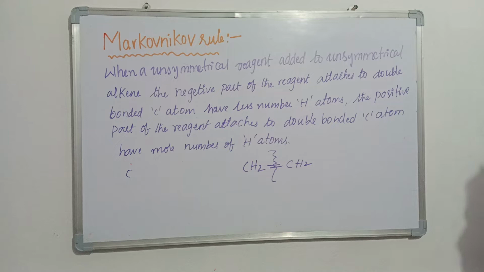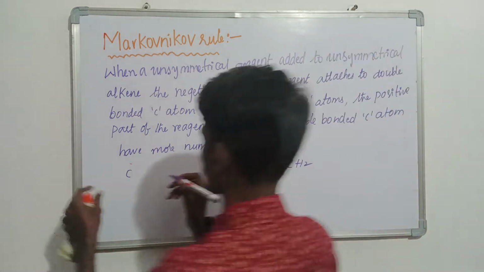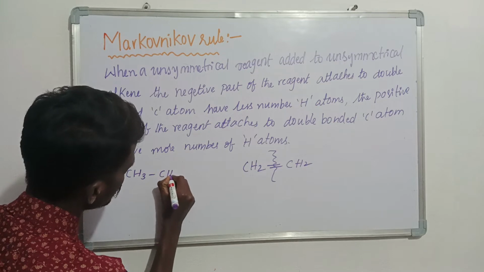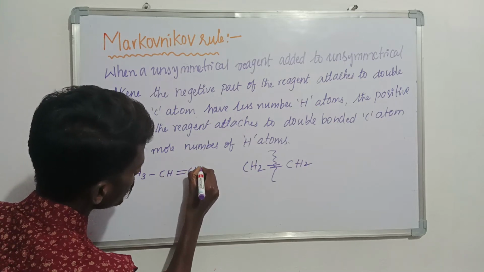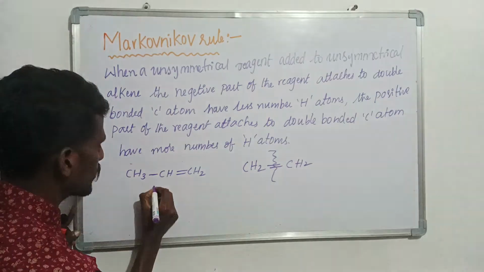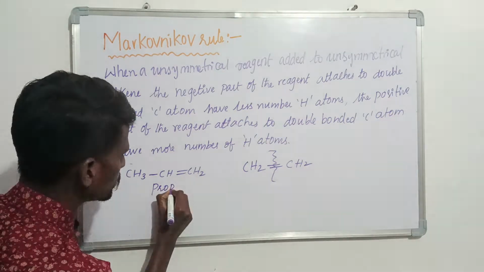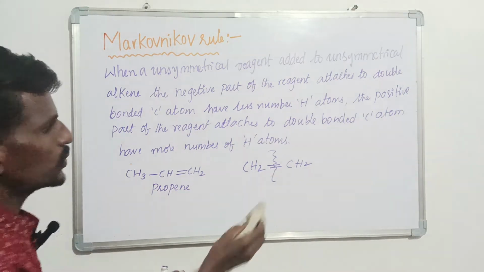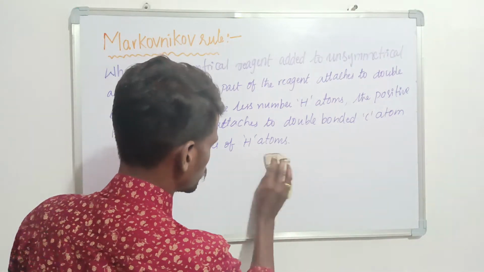For example, CH3 CH double bond CH2. This alkene is known as propene. We cannot make it into equal parts.